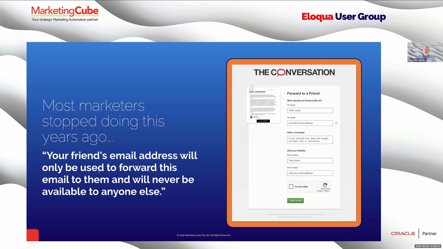And for some organizations, that just became too fraught with danger and too perilous. And so they just leave it to people to forward emails themselves, which obviously we all know how to do.